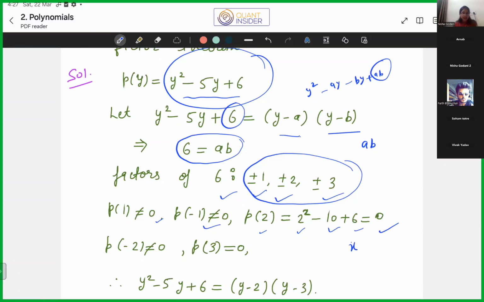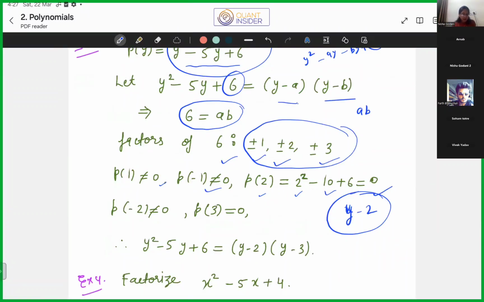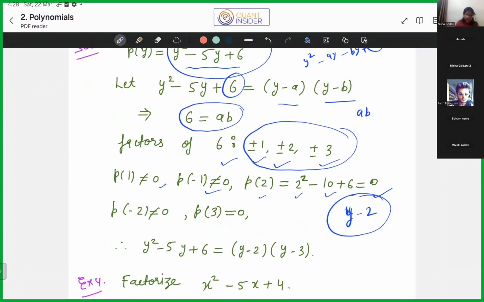Similarly, you can check for minus 2. So p(minus 2) is also not equal to 0. You can substitute and check. Okay. And you put y equal to 3, then in p(3).